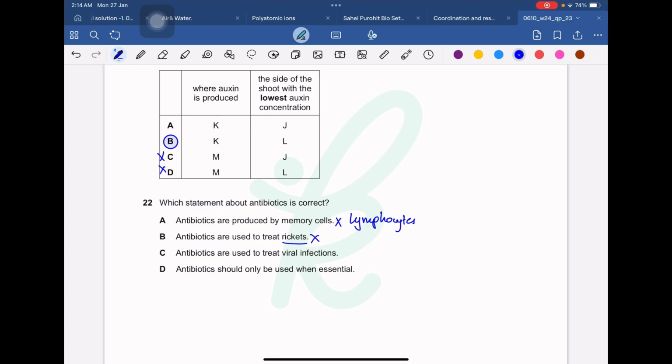Now, rickets is not treated by antibiotics as rickets is due to vitamin D deficiency. Antibiotics are used to treat viral infections. No, antibiotics are used to treat bacterial infections. So, the answer for this will be D, which is antibiotics should be used only when essential, or else we know that antibiotics may develop antibiotic resistance.